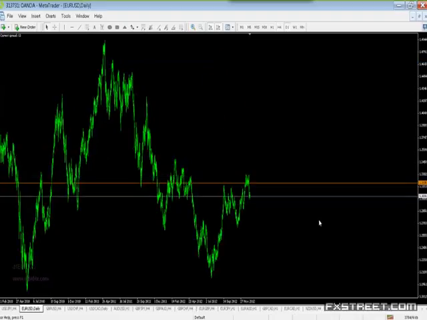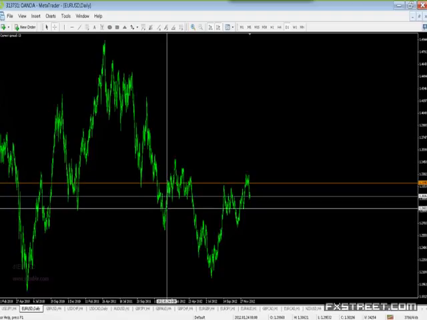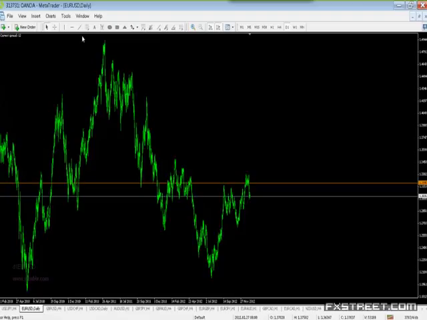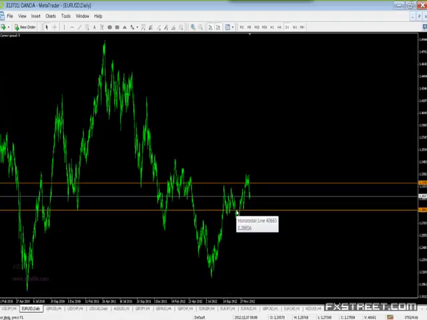If we're looking at the price on the 1st of January 2012, we're looking at a price region of roughly around here, and what happened is that the price broke north, spent a fair bit of time above the level, broke south, and then returned to roughly near that opening price, right? So just a quick demonstration of the principle.